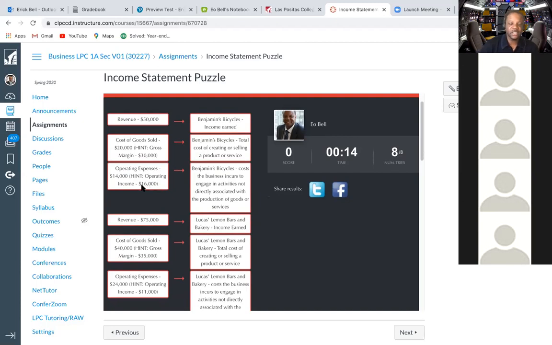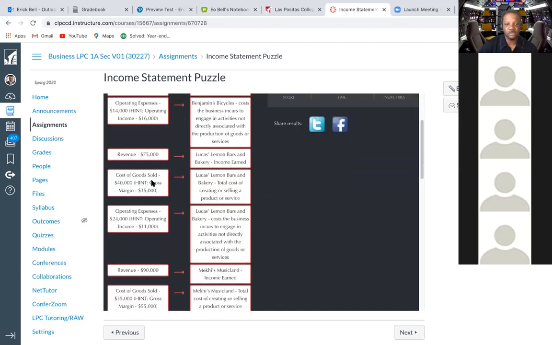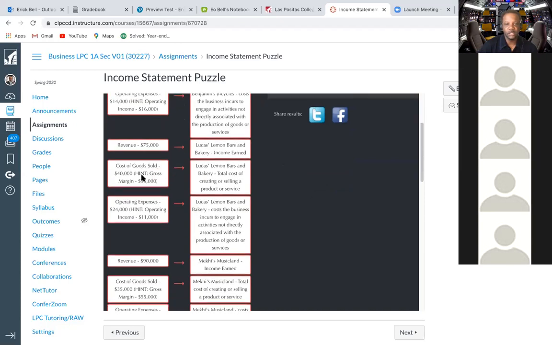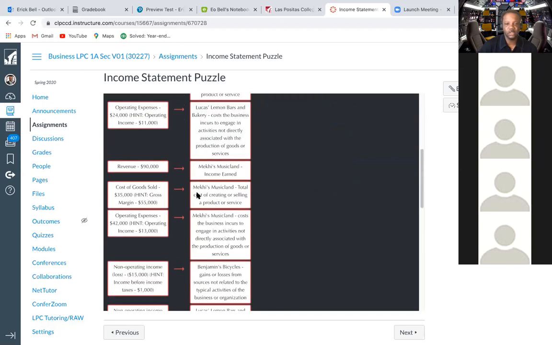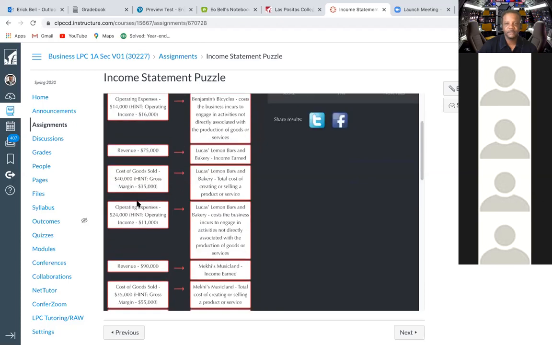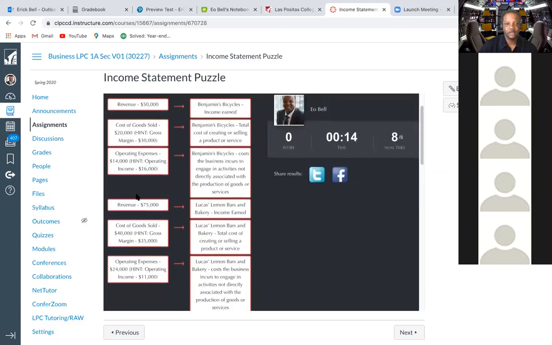Once you know this hint, you can start looking at hints to match things up. The hint says that operating income is 16 if your operating expenses are 14. 16 plus 14 would be 30,000. So that's how you know it matches to Benjamin's gross margin or Mackay's gross margin.